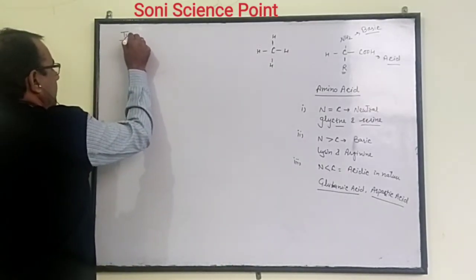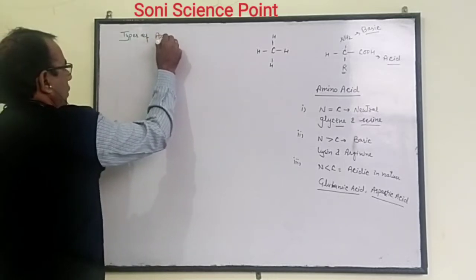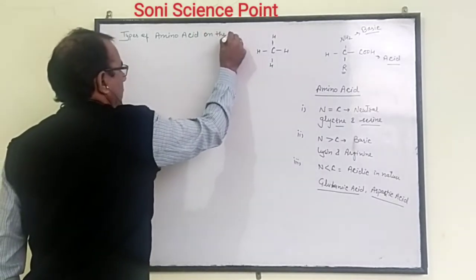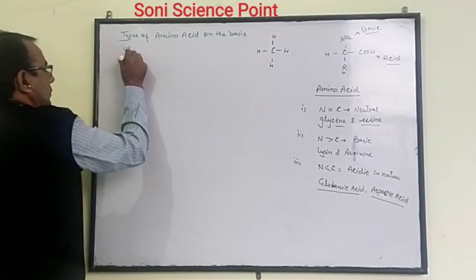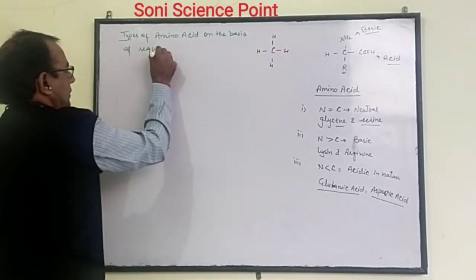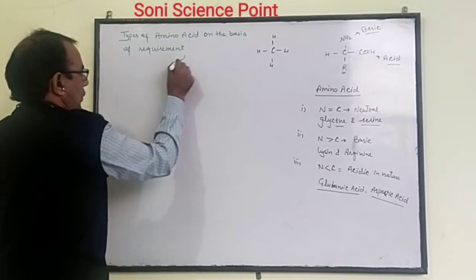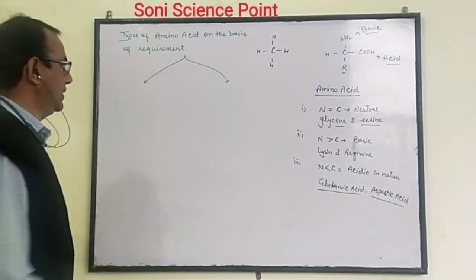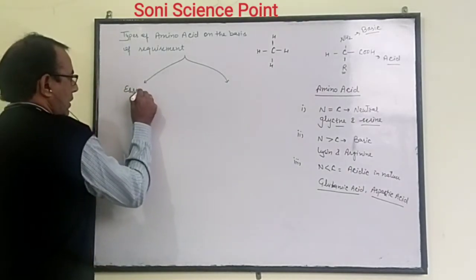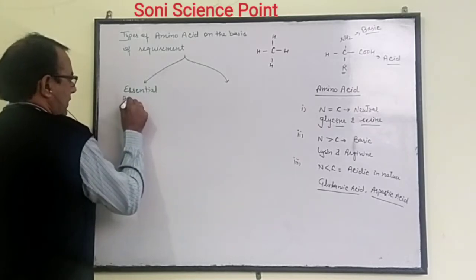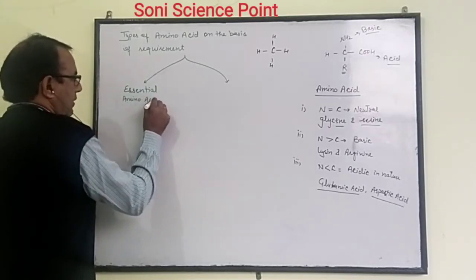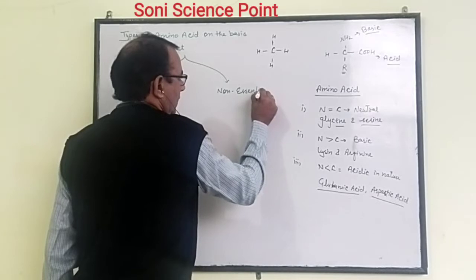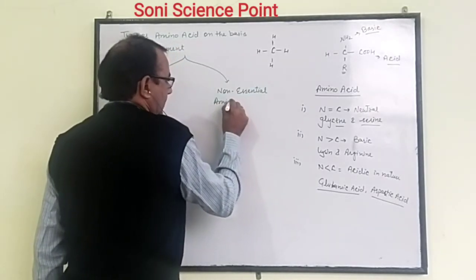Types of amino acid on the basis of requirement: two types, essential amino acid and non-essential amino acid.